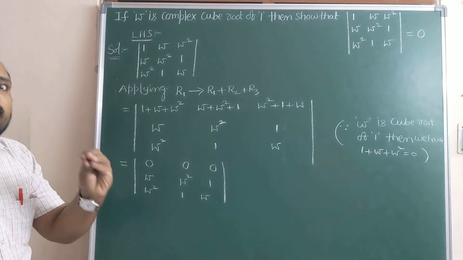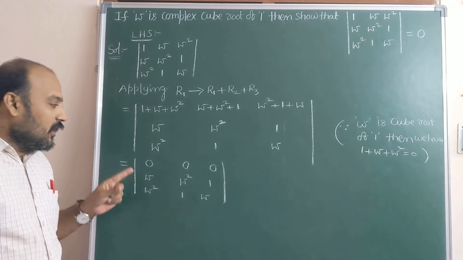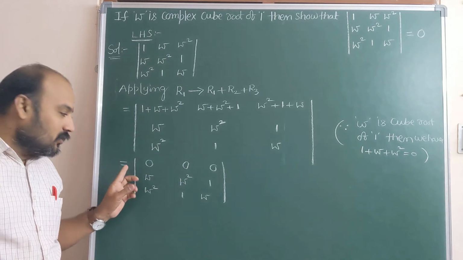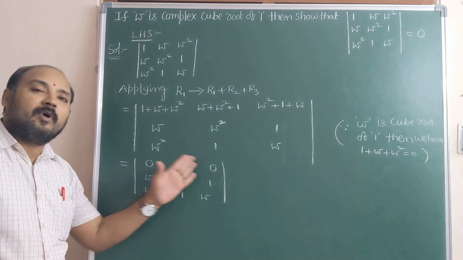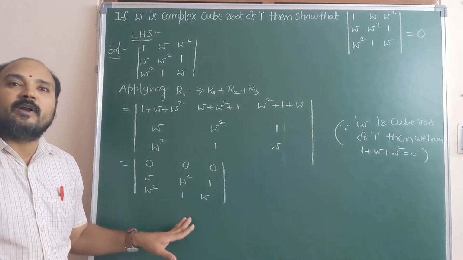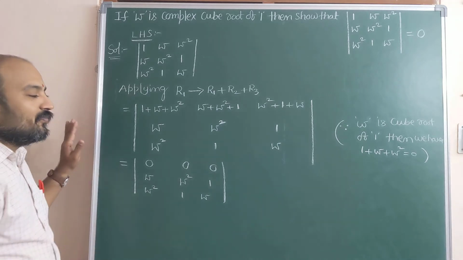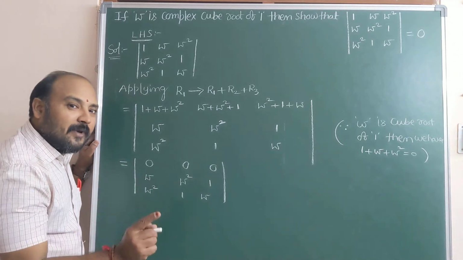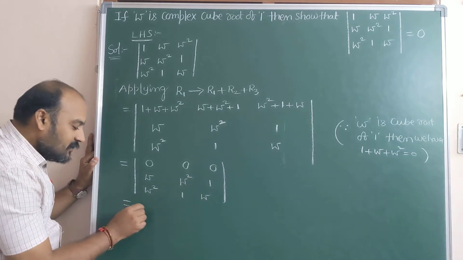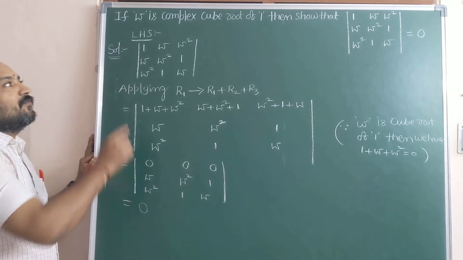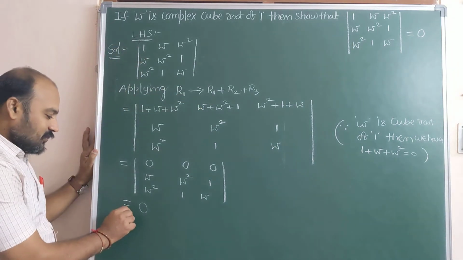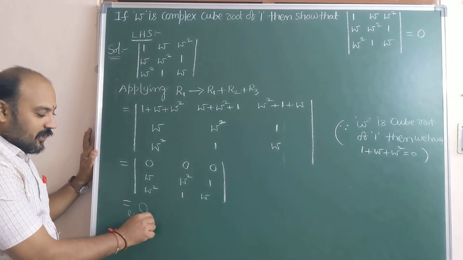From the properties of determinant, if all the elements of any row or column are zeros, then the determinant value is 0. Since the elements of the first row are 0, the determinant is equal to 0. Therefore, this is LHS, this is RHS, dear students. So hence proved.